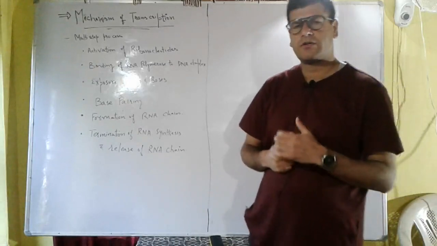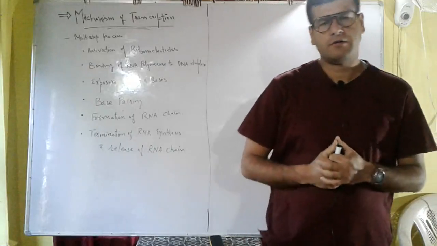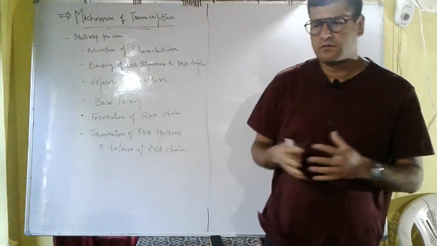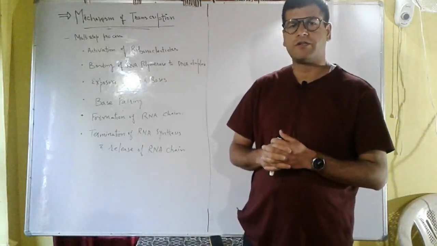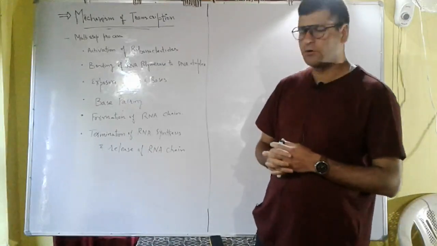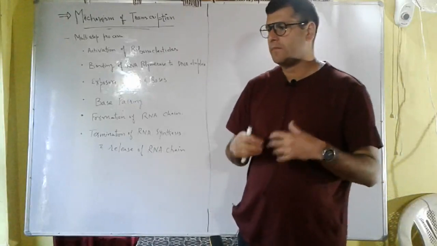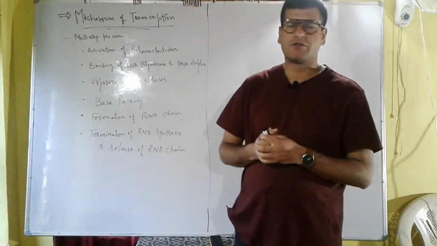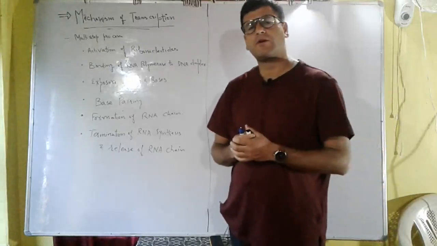Then next is the formation of RNA chain, and finally we have termination of RNA synthesis and release of RNA chain. These are some of the important steps involved in the synthesis of RNA chain, that is transcription. So we'll discuss these steps one by one.